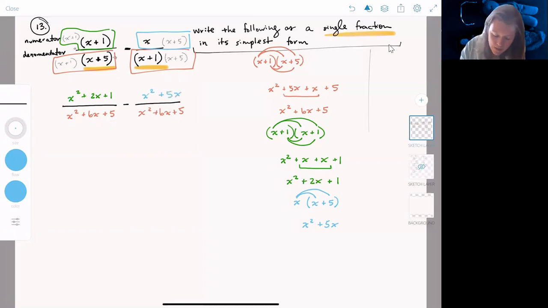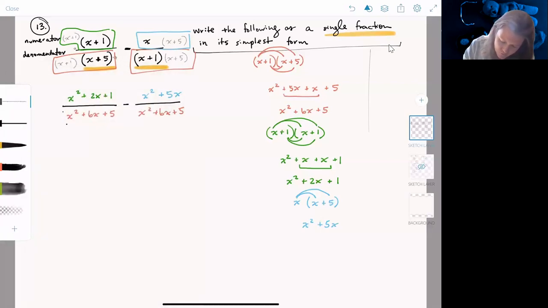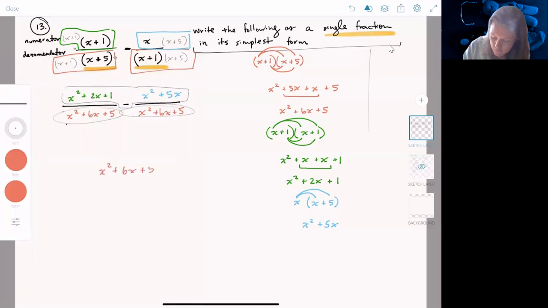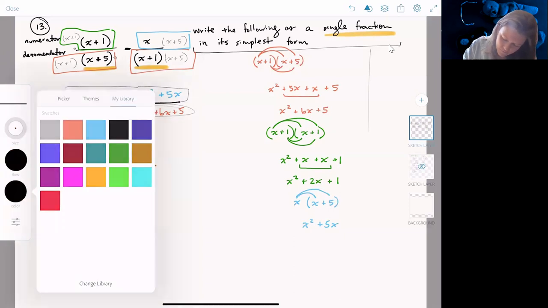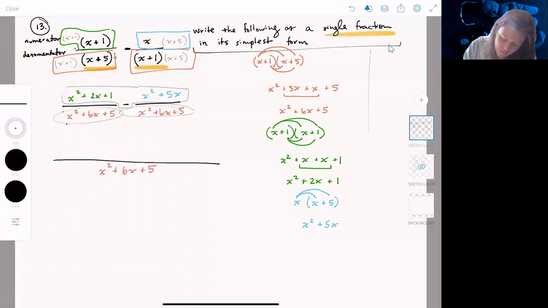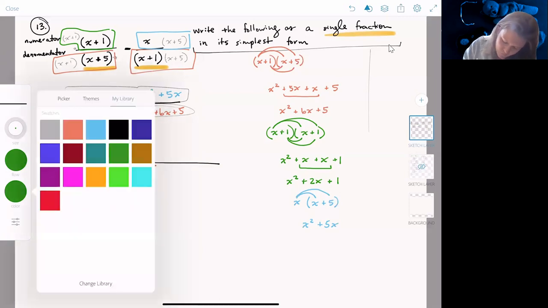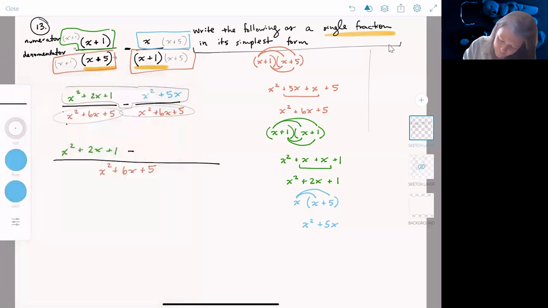Now, because my denominators match, because they are the same, I can now combine my numerators. So I'm going to rewrite my denominator once, and I'm going to combine my numerators.